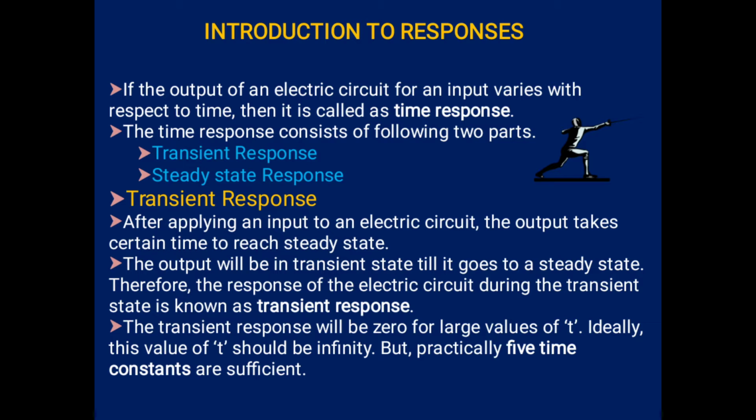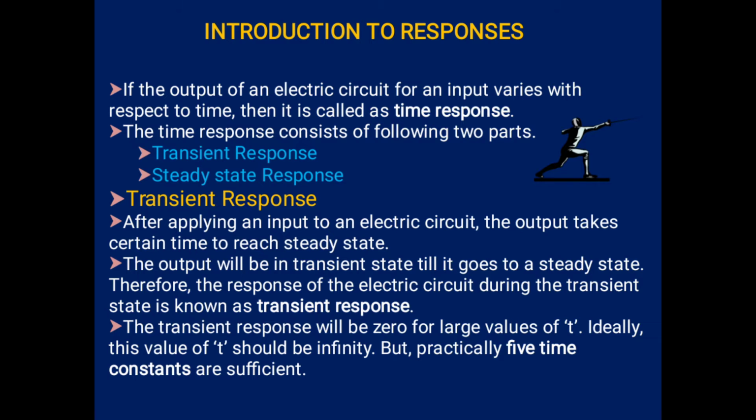If the output of an electric circuit for an input varies with respect to time, then it is called time response. The time response consists of two parts: one is transient response, another one is steady state response. What is transient response? For example, if you switch on a fan, initially it takes some time to reach the speed you have set. The time up to which it reaches the full speed is called transient time.